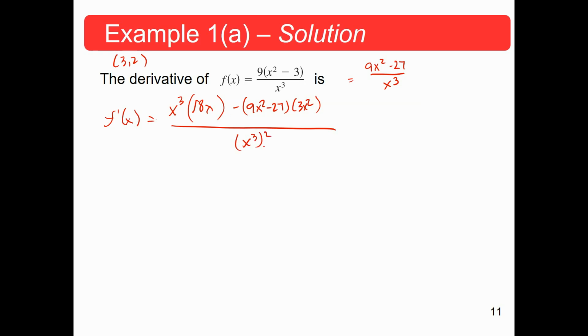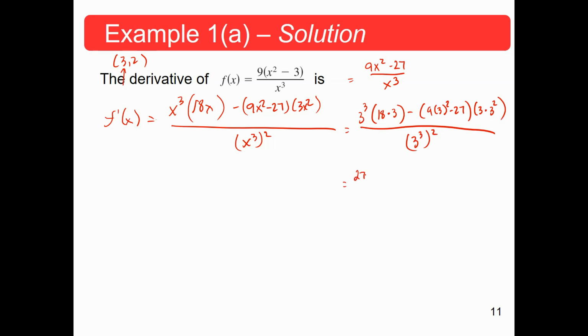So at this point, we could just plug in 3 without simplifying anything because, well, we can, right? So this is going to be 3 cubed times 18 times 3 minus 9 times 3 squared minus 27 times 3 times 3 squared, all over 3 cubed squared.